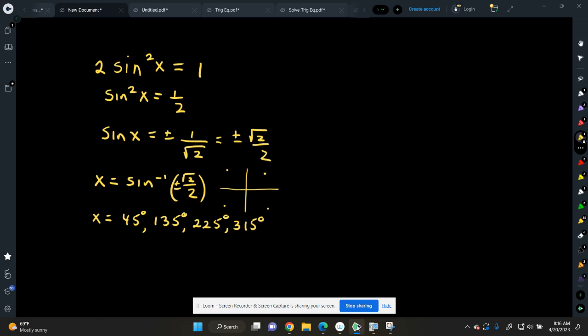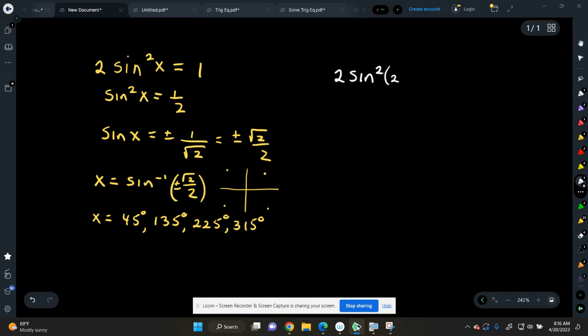So now we're going to change it a little bit. We're going to add a little bit to it. And we're going to say, instead of 2 sine squared x, we're going to do 2 sine squared 2x equals 1. So this is solved the same way, right?